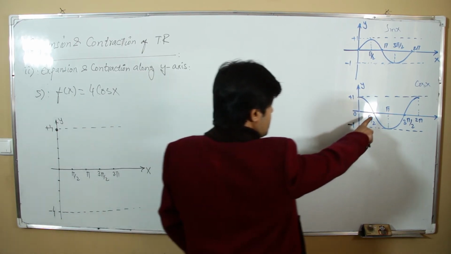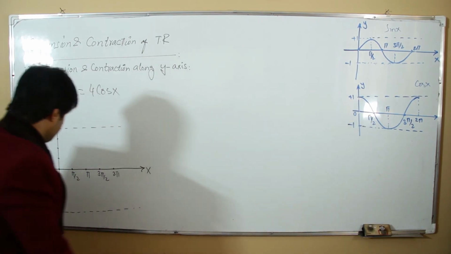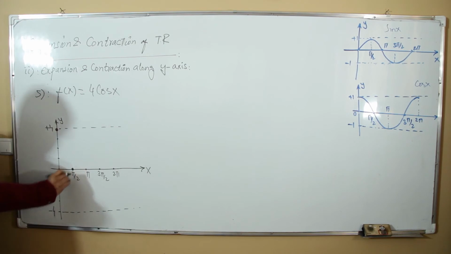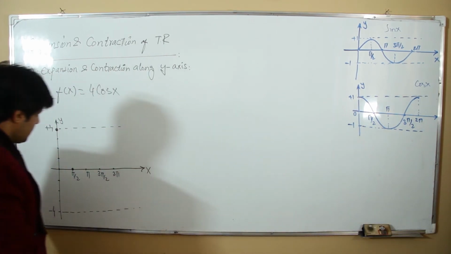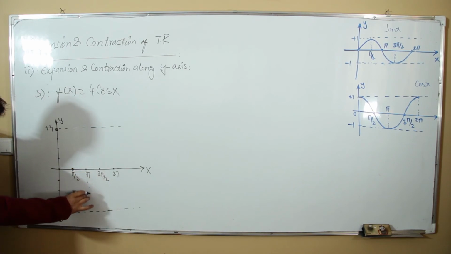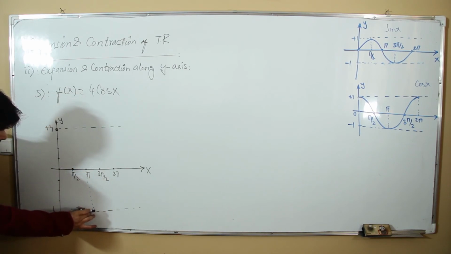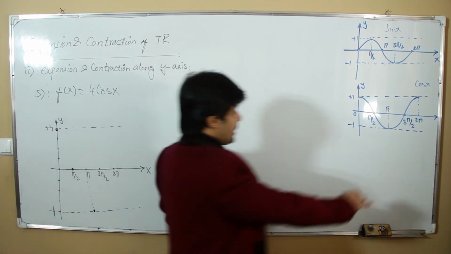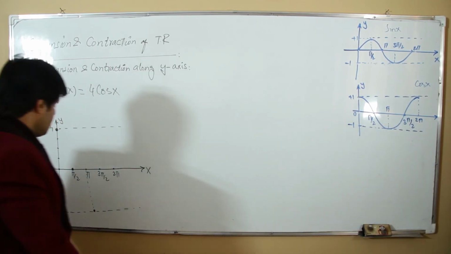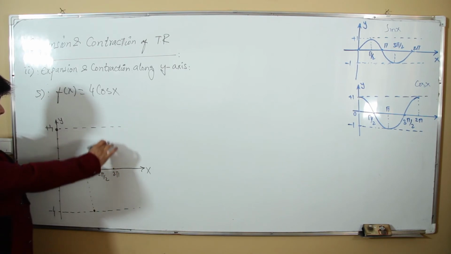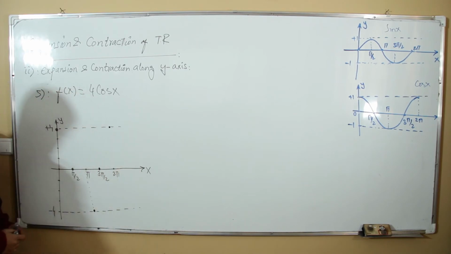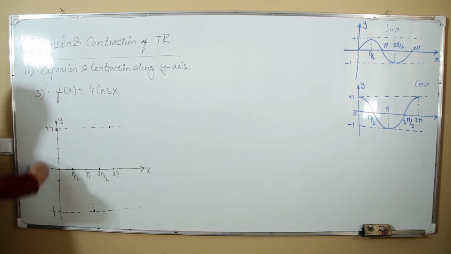The first point it should cross. The second point should be our minimum, but at negative 4. The next point it crosses, and the next point is our maximum. Now I have to draw this one.